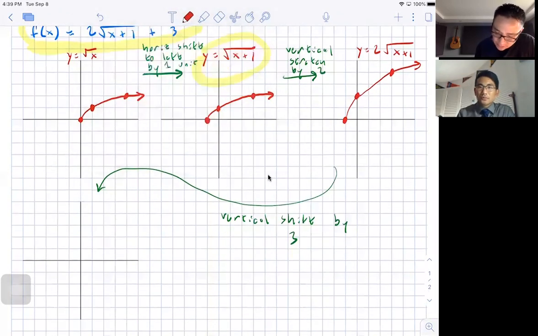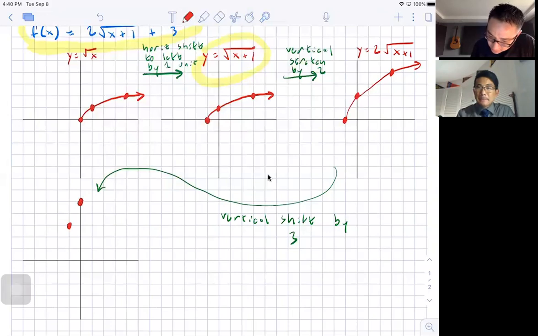Let's see, 1, 2, 3 right here. This point, shift it up by 3, 1, 2, 3. Then this point over here is 1, 2, 3, so that's 5. Yep, 1, 2, 3, 4, 5.